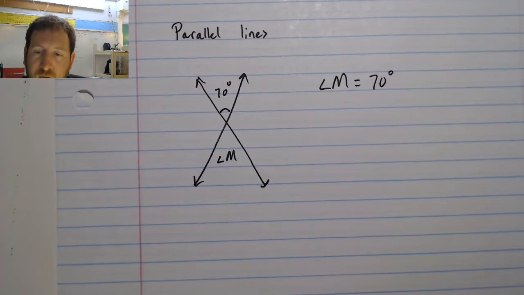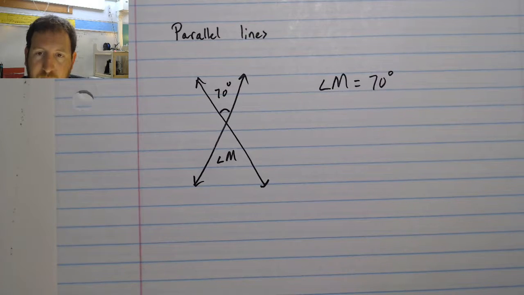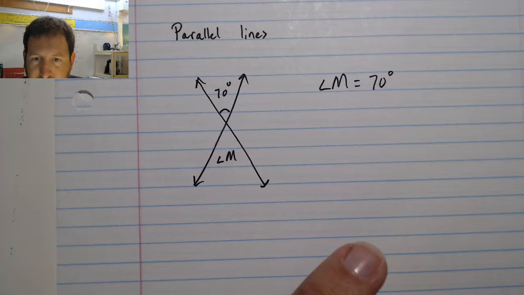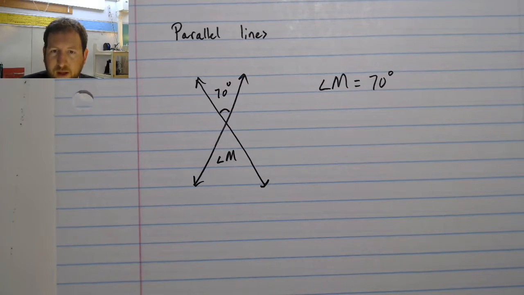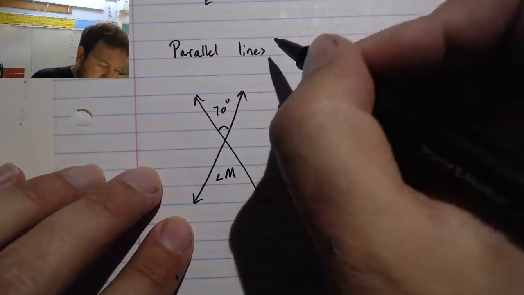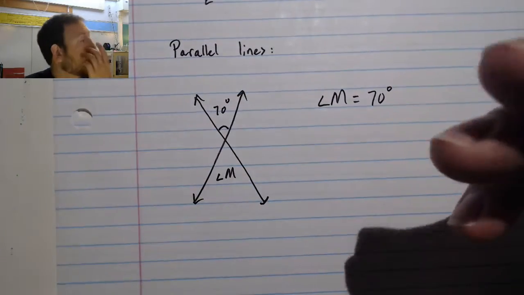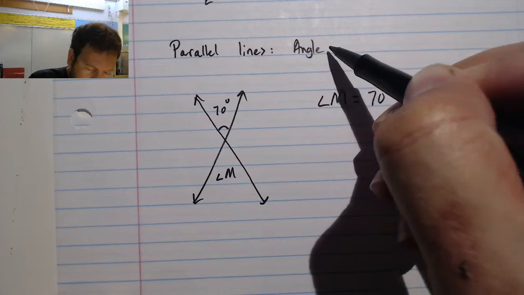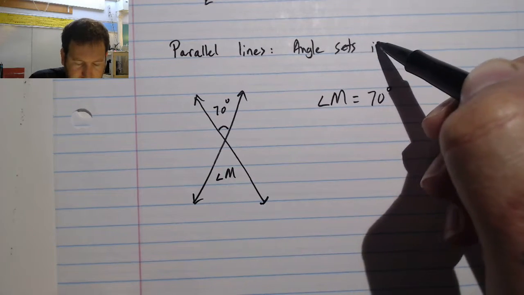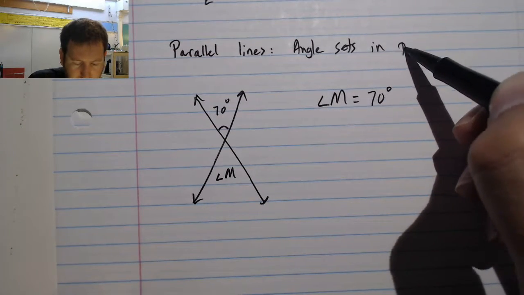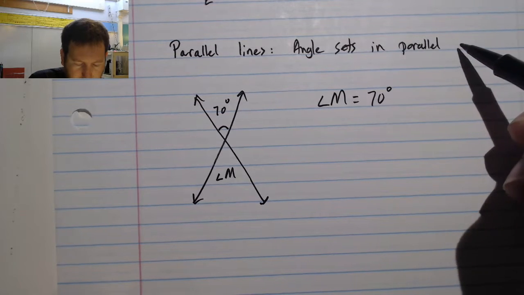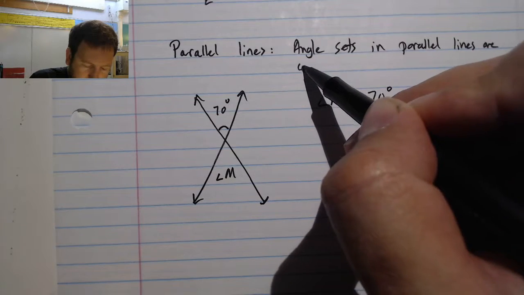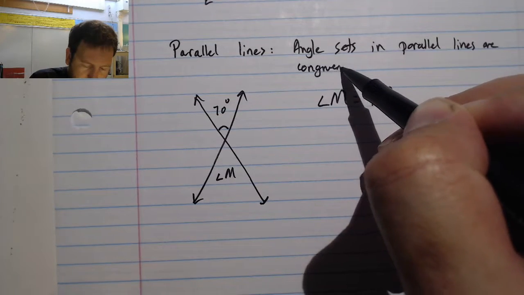So you've got your angles of your parallel lines. Let me see if there's a way that I can write that a little bit easier. But with our parallel lines, angle sets in parallel lines are congruent.